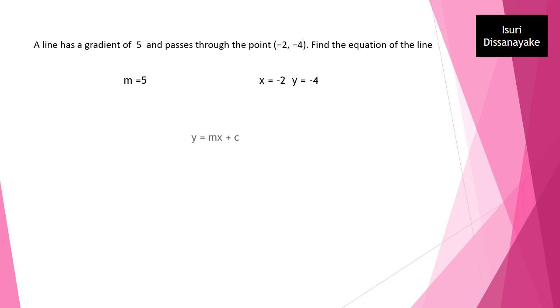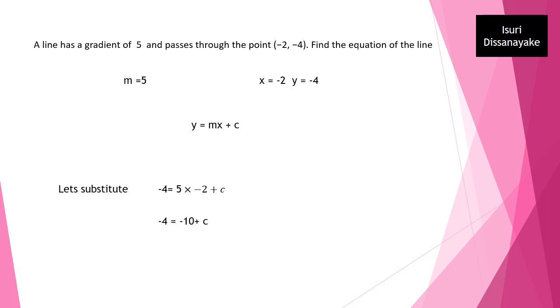And the equation of a straight line is y equals mx plus c. By substituting the values, y is -4, it is equal to 5, which is the gradient m, multiplied by x, which is -2, plus c.